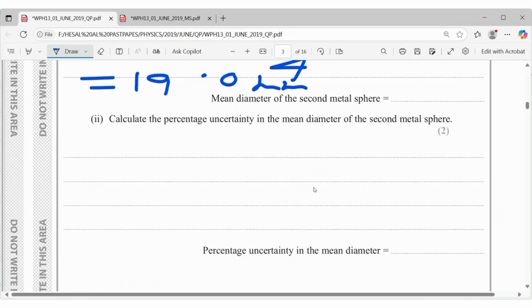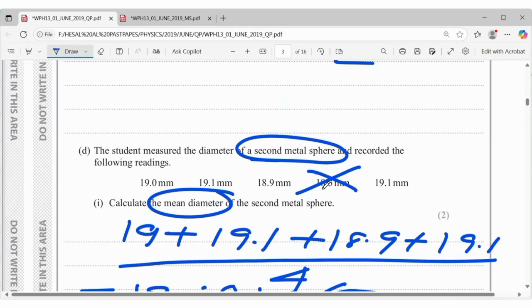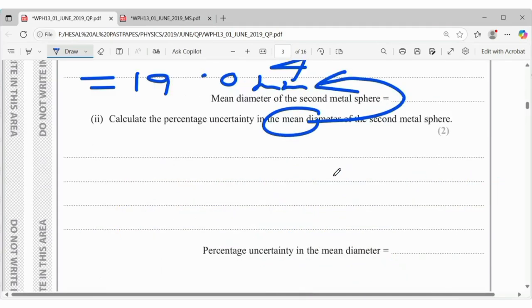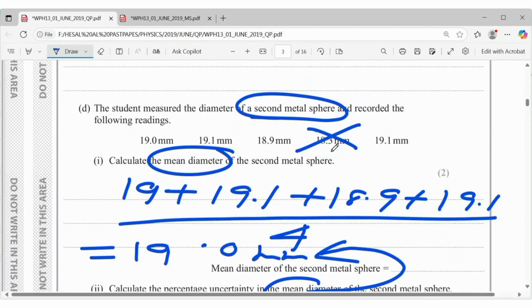Calculate the percentage uncertainty in the mean. Here they deal with this value. So we know the value. Now we want to find out what the uncertainty is. How do we find the uncertainty with this kind of data? Here we can use the range method. How do we find the range?